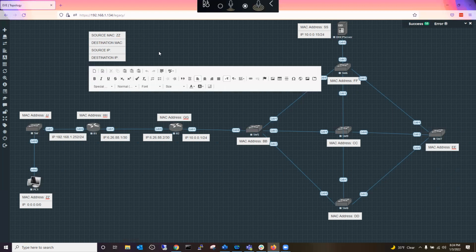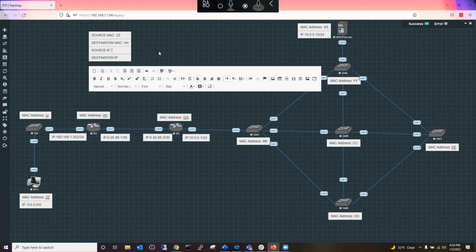So from PC1 going to R1, based on the IP address it has now, like the 0.0.0.0? Yep. So the source should be ZZ. Oh, you said going to R1. And the destination MAC should be HH because we're going to R1.